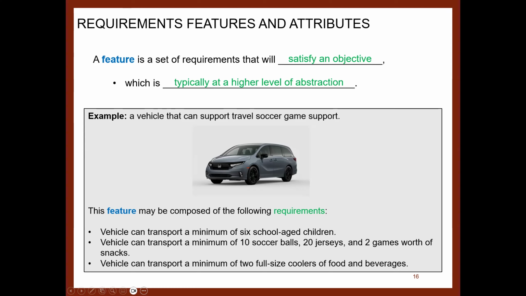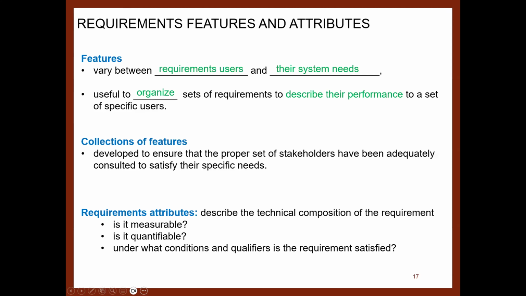So again, you have that feature, which is a requirement that is set to satisfy an objective, but it's at a higher level, right? Like the example, and that feature can be composed of multiple requirements. These vary between requirements, users, and their system needs.